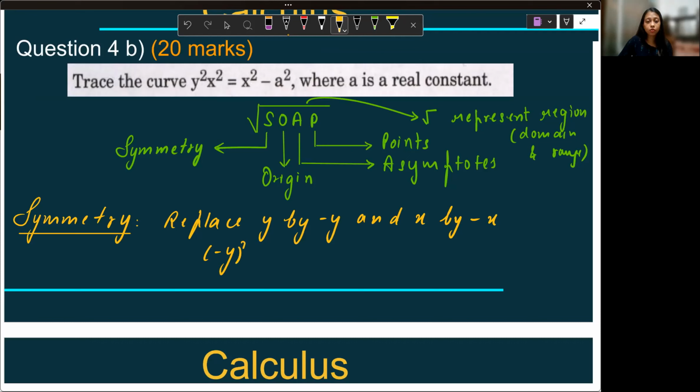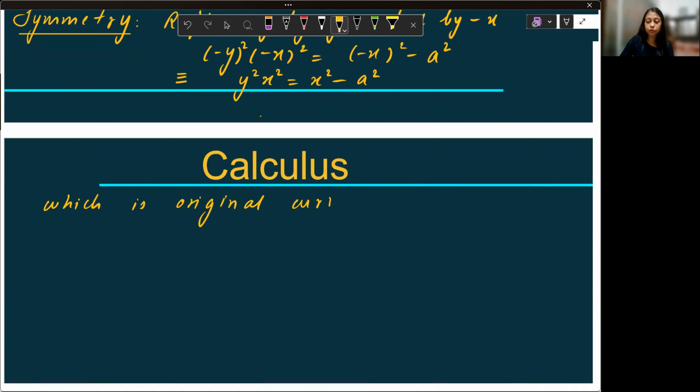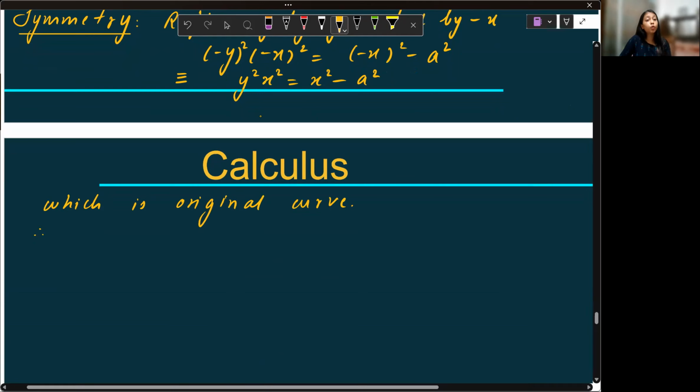So this is minus y square minus x square equals minus x whole square minus a square, which is the original curve, which is equivalent to y square x square equals x square minus a square, which is the original curve. Therefore, the curve is symmetrical about both the axes, x-axis also, y-axis also.